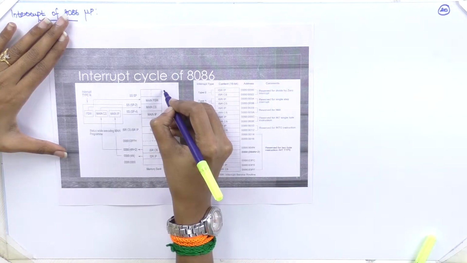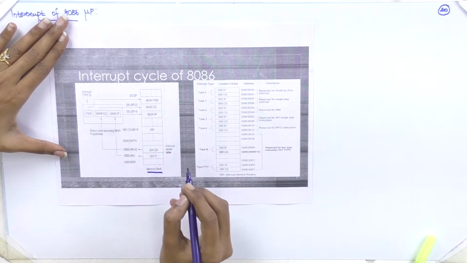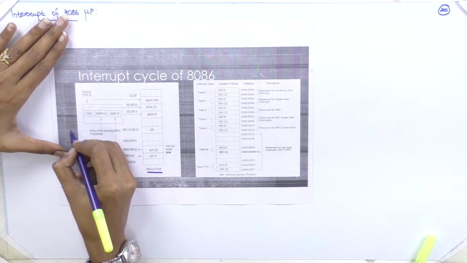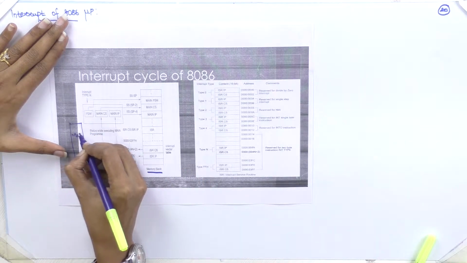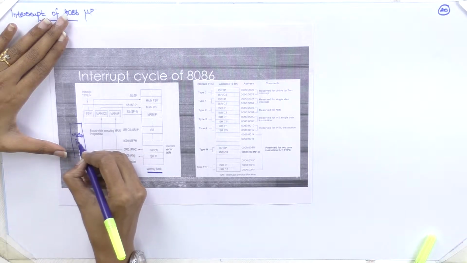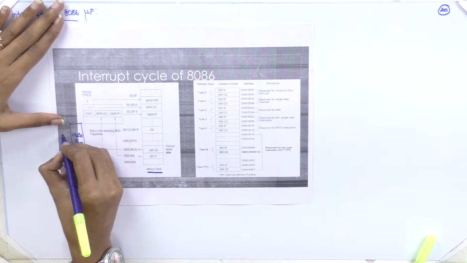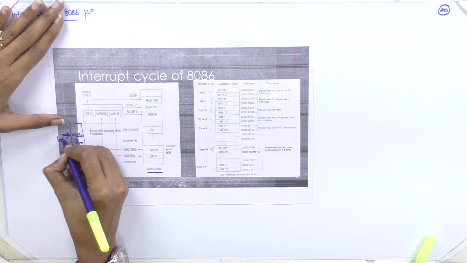Before we see what all the interrupts are there in 8086, we will see what will happen when an interrupt occurs. So this is your memory, and consider that you have your main program. While executing the main program, the interrupt occurs.